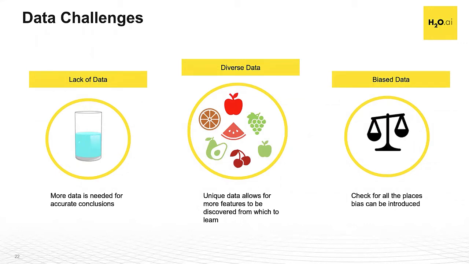So a machine learning model can definitely pick up on that bias and then make biased predictions. Whether or not you're aware of it, you should be aware of it.